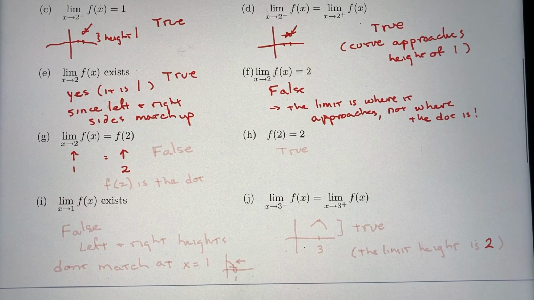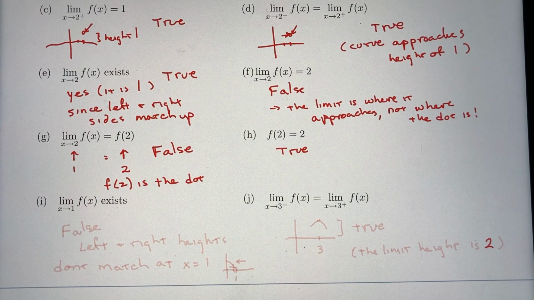This is 2. No. Okay, so the f of 2 is the dot. Okay. Does f of 2 equal 2? Yes. Okay. This is true. This is where the dot is.